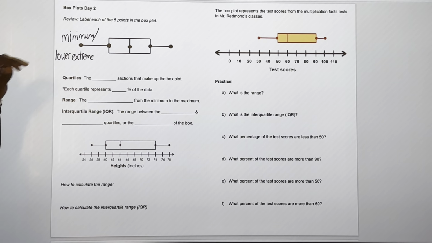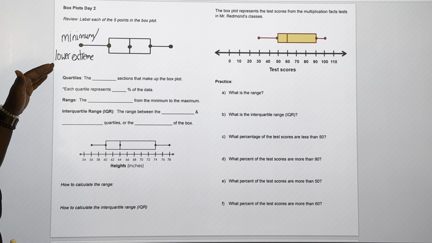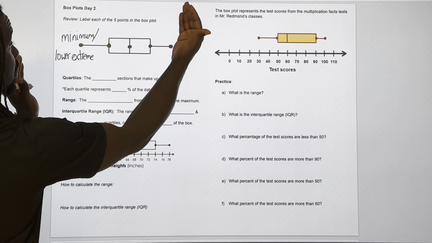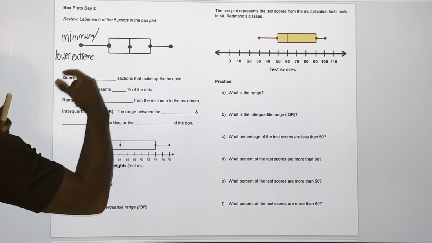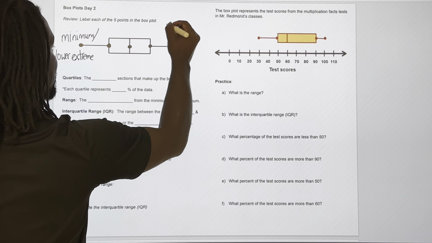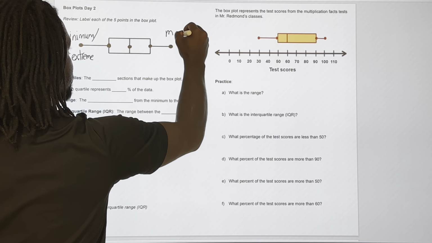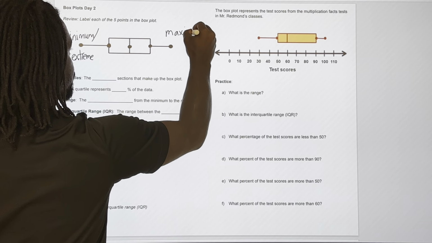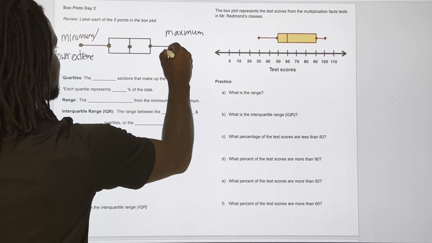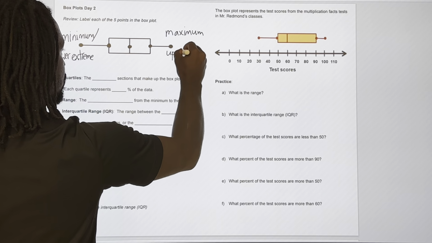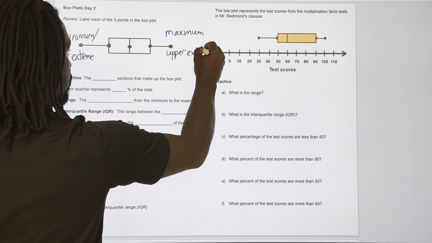So the smallest value is, again, the minimum or the lower extreme. The opposite of that is the largest. On the other end, we have our largest, and that is the maximum. And that is the upper extreme.